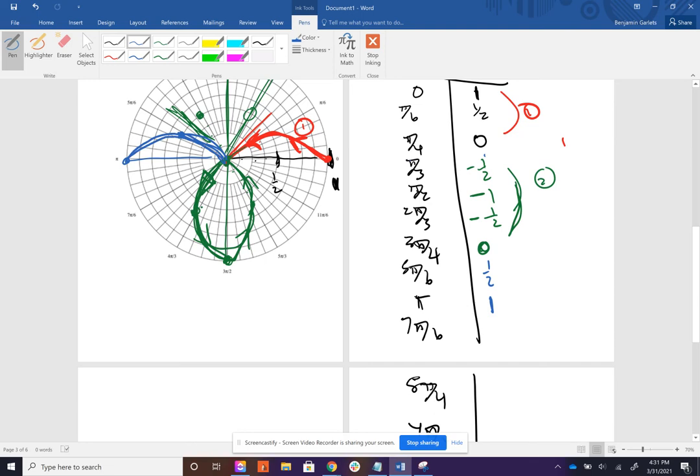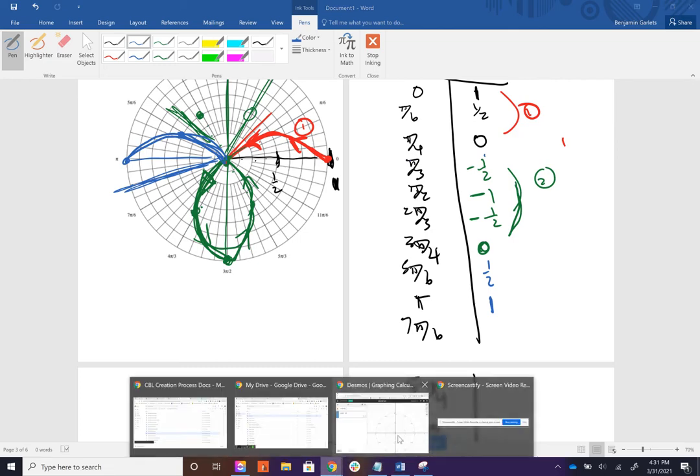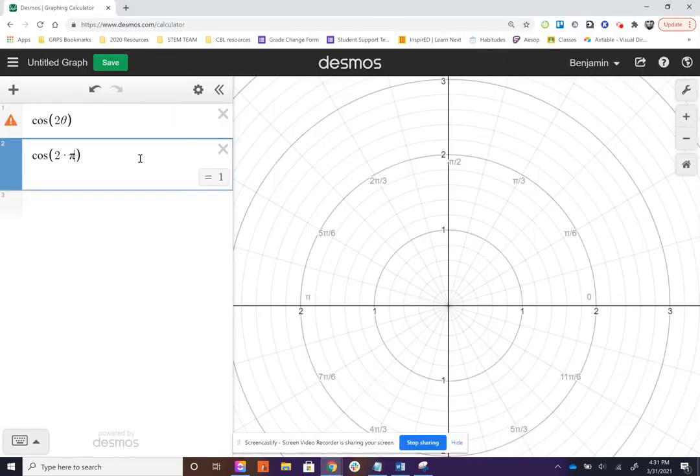And then now we want to do 5 pi over 4, which is this guy right here. Where are we at with 5 pi over 4? 0.